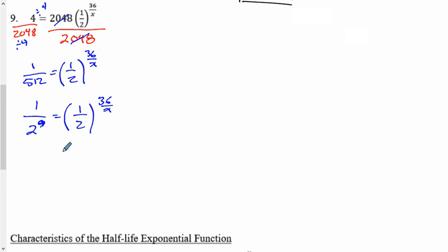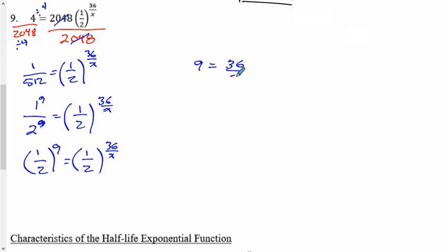Just like that previous question, I have fractions on the left and the right. 1 to the exponent 9 is still equal to 1, so I could rewrite that fraction on the left as 1/2 to the exponent 9, equaling 1/2 to the 36 over x. Power equals power, base equals base, so my exponent of 9 is equal to my exponent of 36 over x.